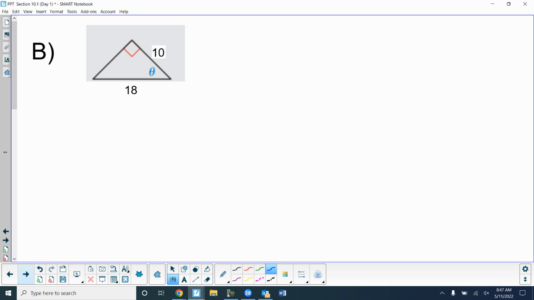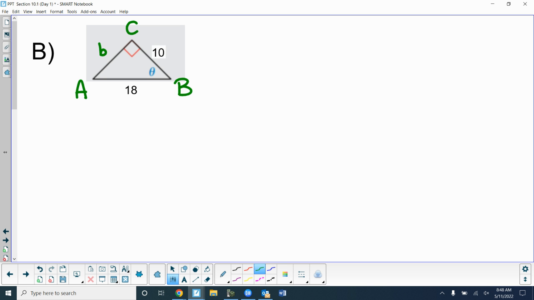It doesn't matter which one A or B is, but C has to be the 18, the one opposite the right angle. So angle C is always the right angle. A and B don't matter, but you should label them so you know which is which. So we're looking for side B.